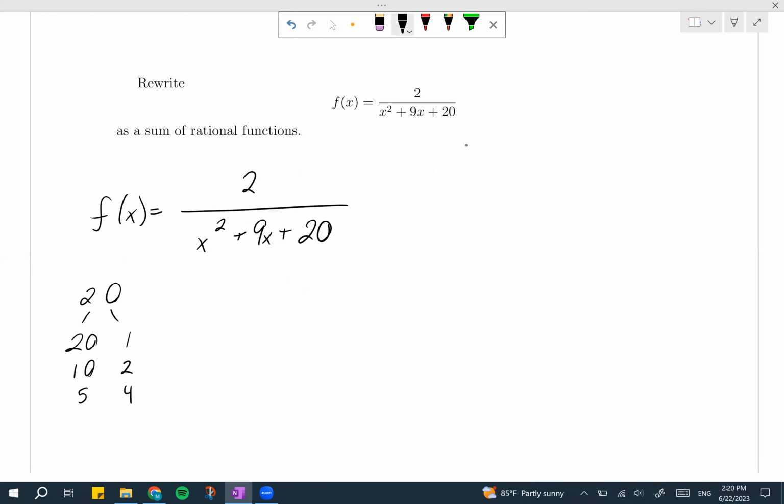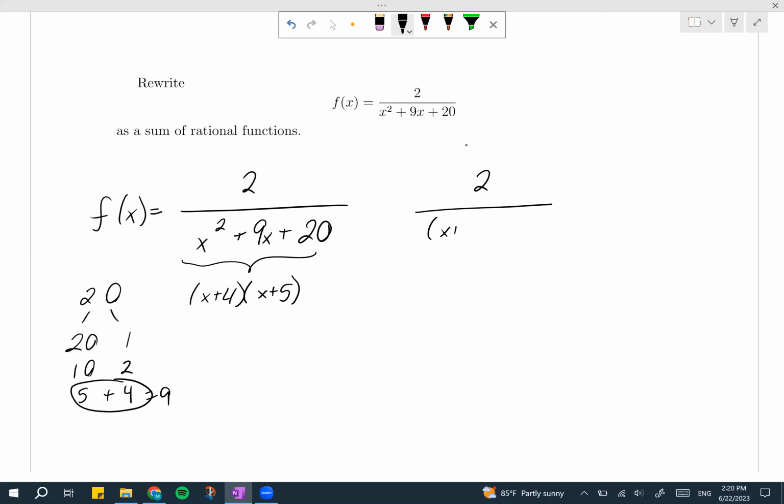But I see that 5 and 4, when I add those together, I get 9. So that's what this factors as. This denominator factors as x plus 4, x plus 5. So I can rewrite this function as 2 over x plus 4 times x plus 5.